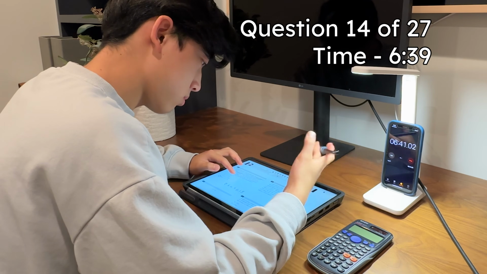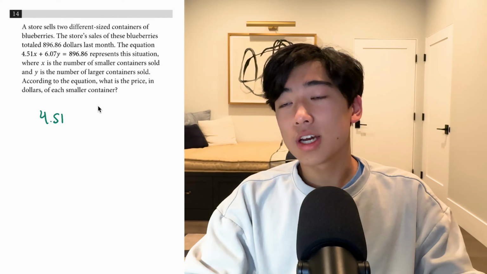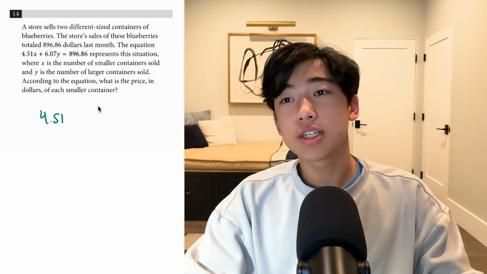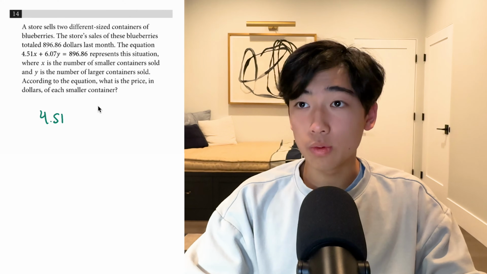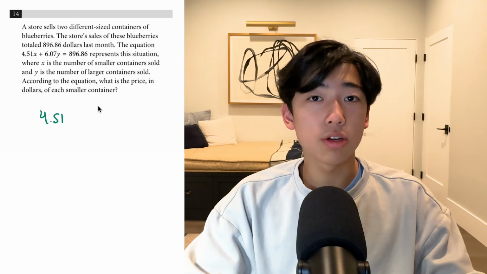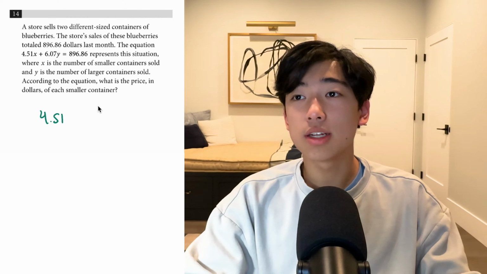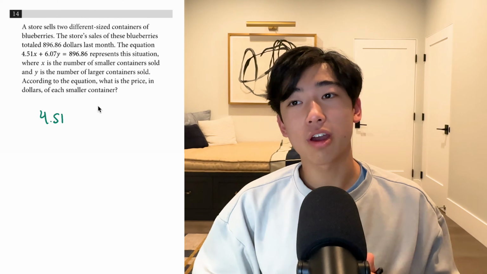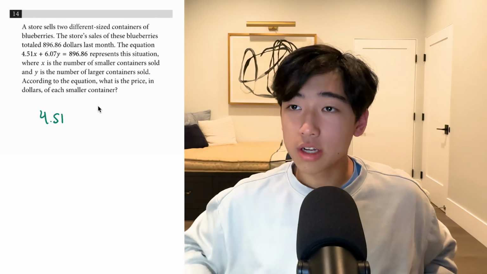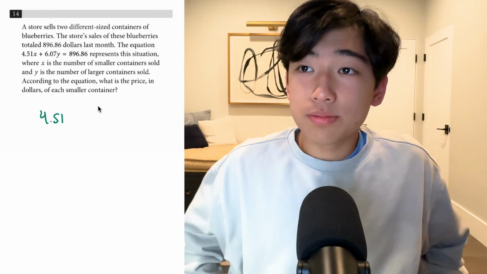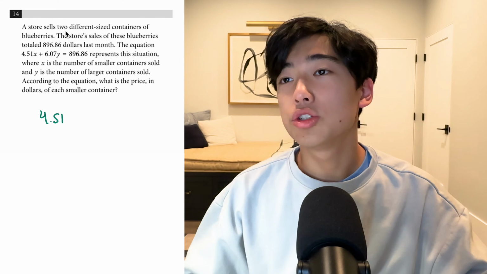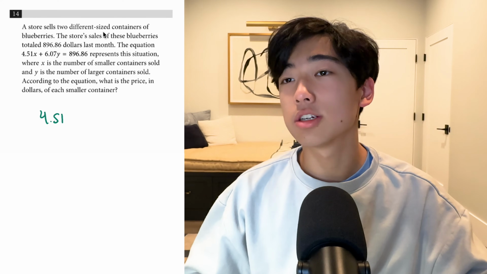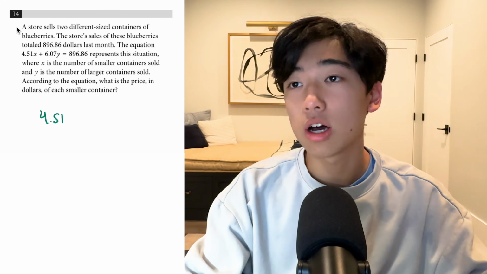Now on to number 14. I took a long time. This one, you have to read it carefully and understand what it's actually asking for, which can sometimes be tough if you're rushing through all the problems, especially since there's this whole paragraph. Basically it's saying the store is selling 2 different size containers, which each have their own different costs.